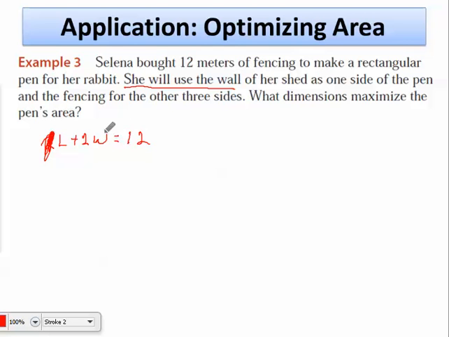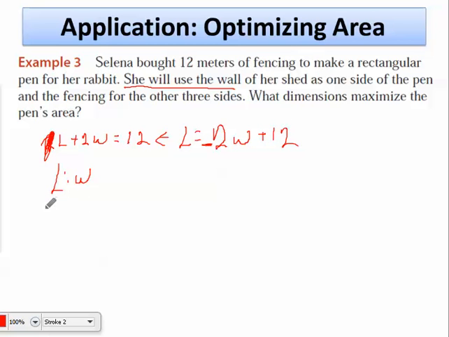Okay? They're wanting to know what dimensions maximize the pen's area. What's the formula for area? Length times width, right? So if I solve this first one up here for one of my 2 variables, that's a value for length.